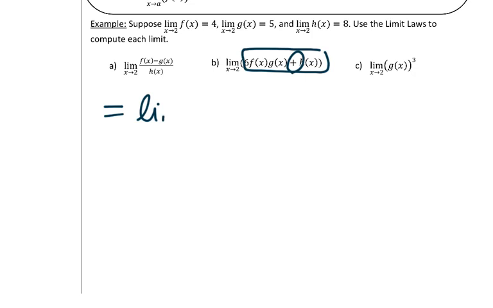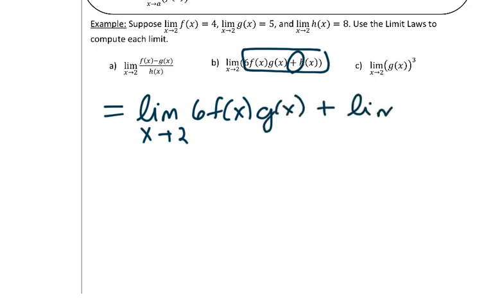I'm going to say the limit as x approaches 2 of 6 f of x g of x, plus the limit as x approaches 2 of h of x. So I've gotten that alone. So what law did I use here? That's the sum law.